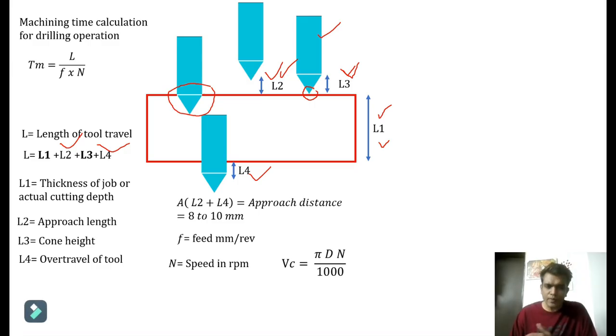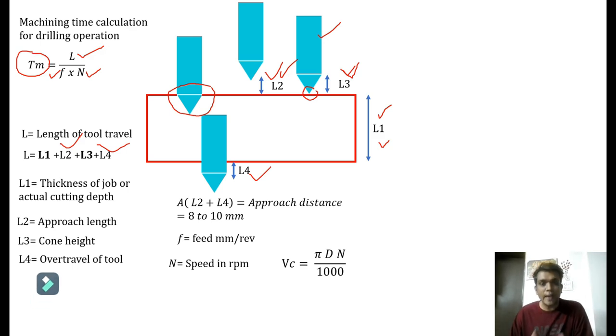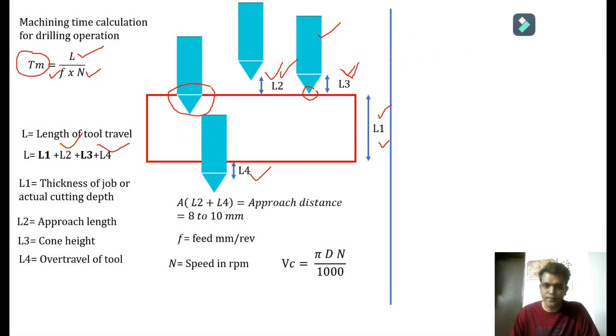Once we have this total tool travel, then we have to know what is the feed and what is the speed, that is in RPM. That also we will see how to calculate, right? And once we have L, F and N, the total machining time can be calculated very easily.